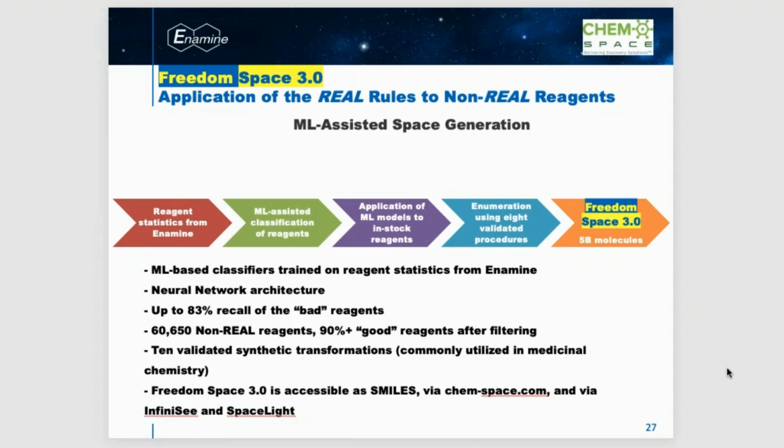This Freedom Space 3.0 version is a really good addition to Enamine REAL Space, because it expands the REAL by the addition of non-REAL reagents. And we would be happy if you try it out either on ChemSpace, or you can download it as SMILES, or again you can use it in Infinity and SpaceLight tools.